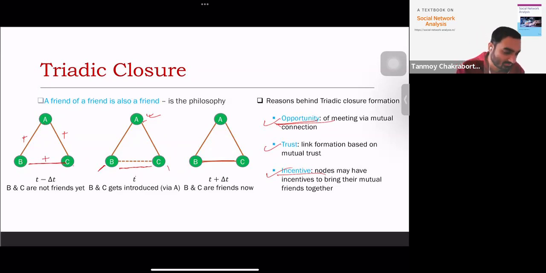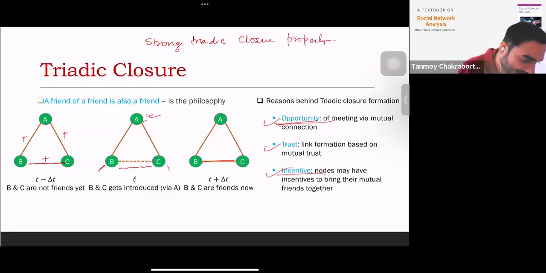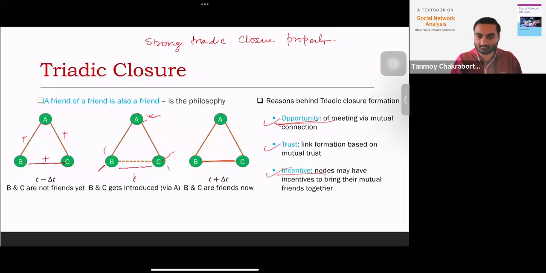There's a very interesting theory called the strong triadic closure property. It says that if two nodes, let's assume they are not connected, have a mutual friend, then at time t plus delta t, at least a weak connection will be created, if not a strong one.